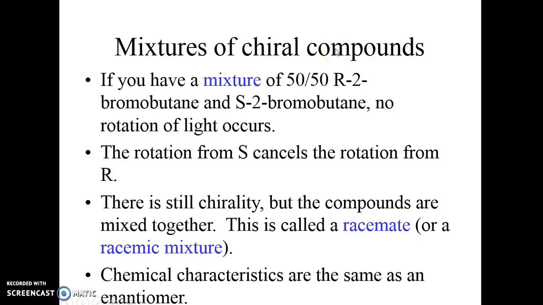If you have a mixture, if it's 50-50, we call it a racemate. Anything other than 50-50 will have some rotation because one enantiomer will only cancel out an equal amount of the other, and then there's going to be something called the enantiomeric excess.